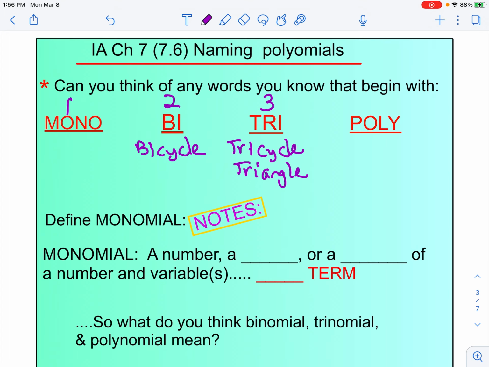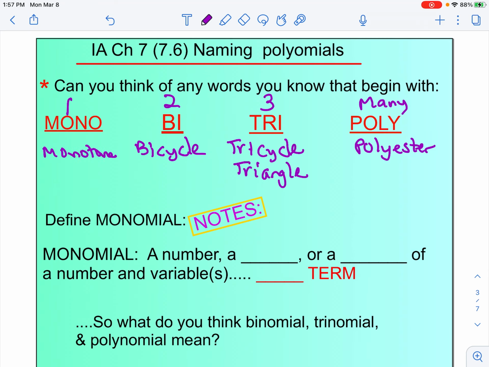Mono has to do with 1. So monotone is just one tone. It doesn't have any inflection of higher or lower sounds. And poly is really many. You may have heard of the word polyester, and that is many different fabrics.